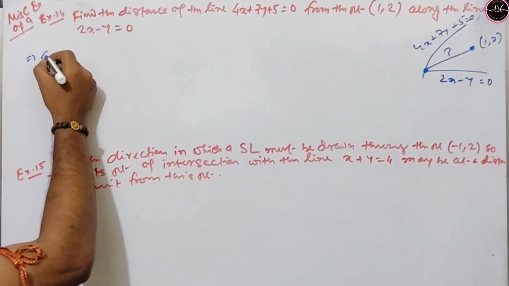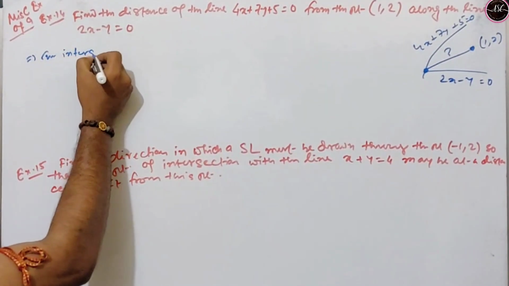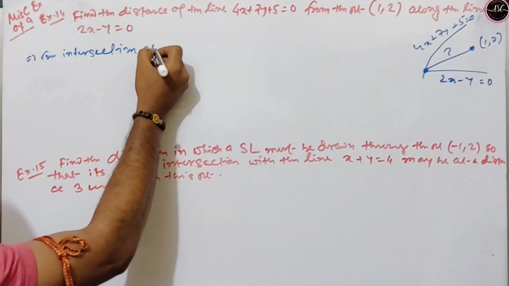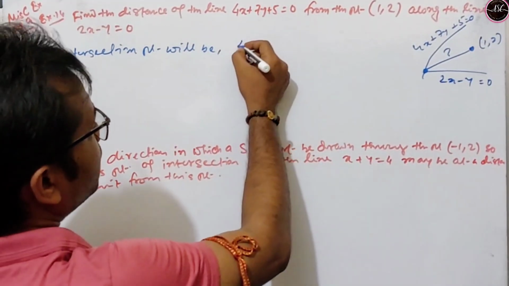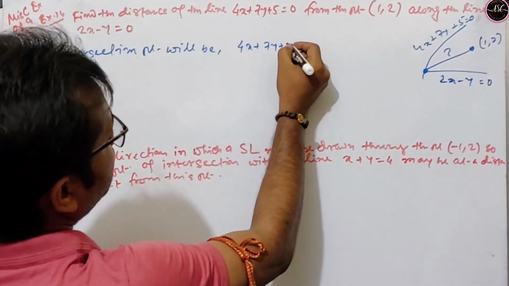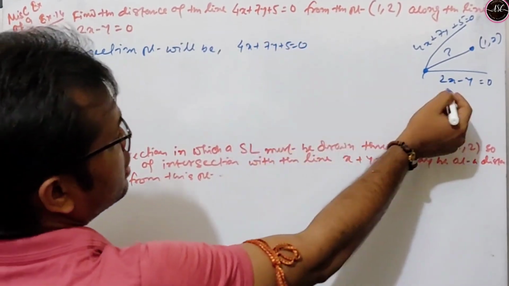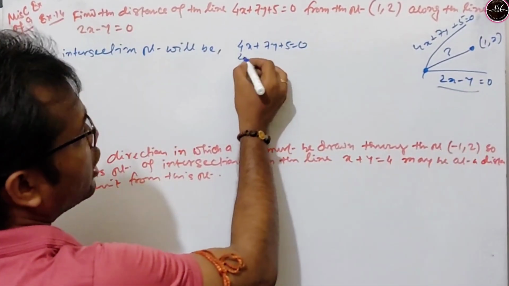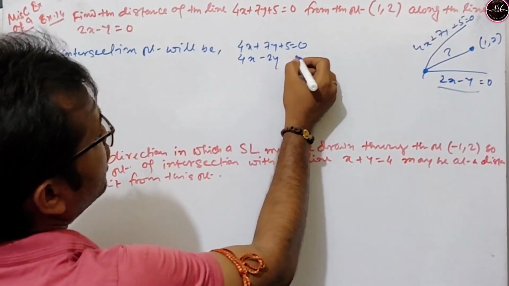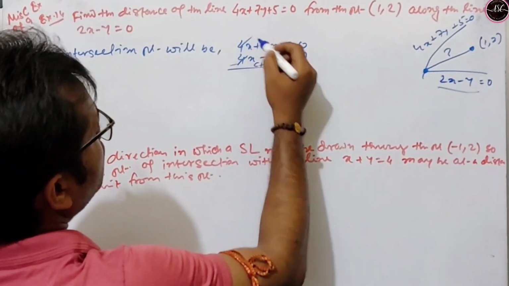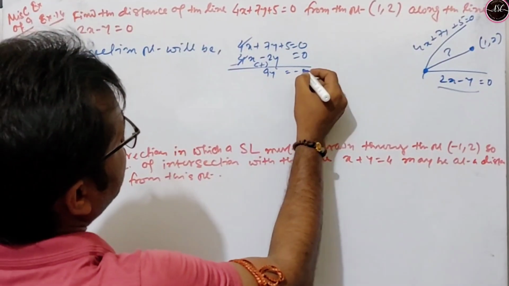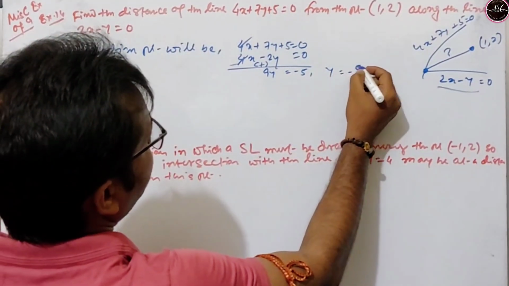So the intersecting point will be what? Just solve this. We have 4x plus 7y plus 5 equal to 0, and just multiply 2 with the other equation, we get 4x minus 2y equal to 0. If we subtract, this will be cancelled out, and 9y equal to minus 5, so y equal to minus 5 by 9.